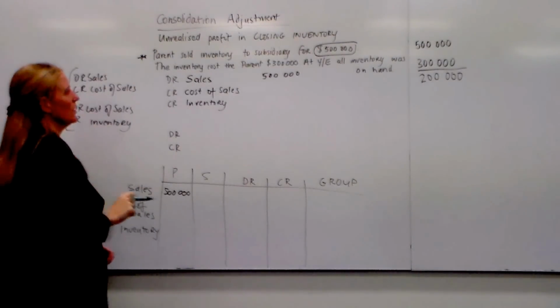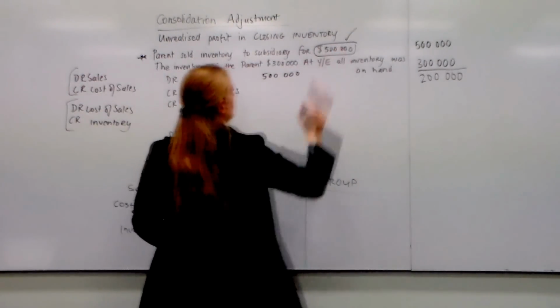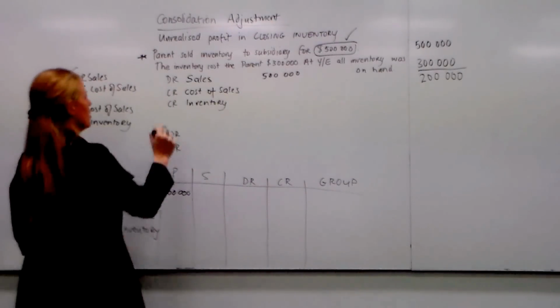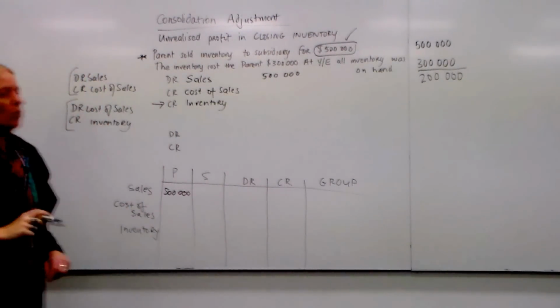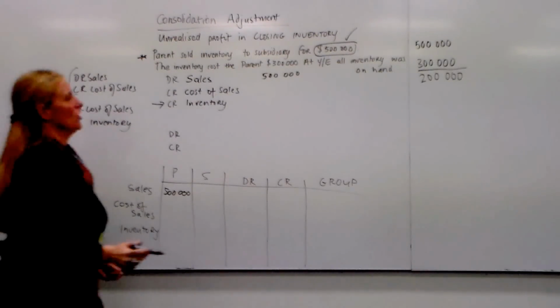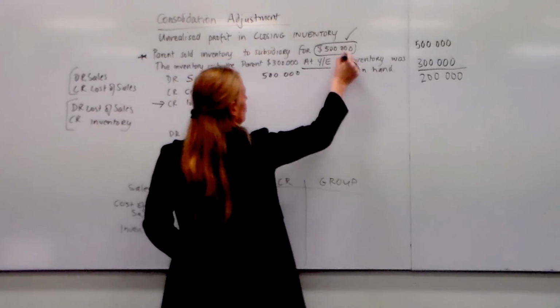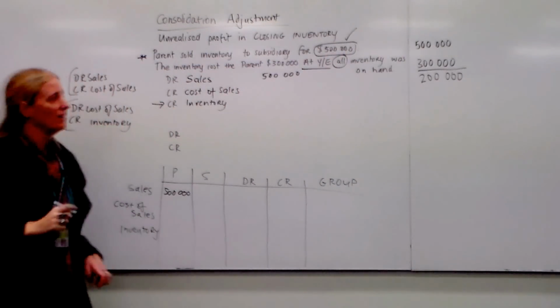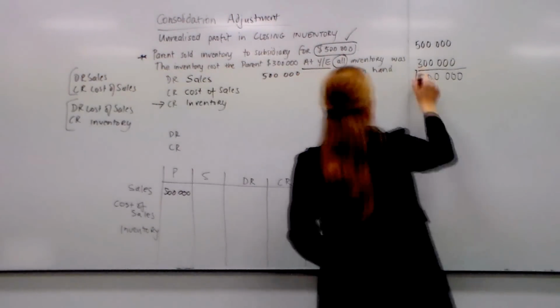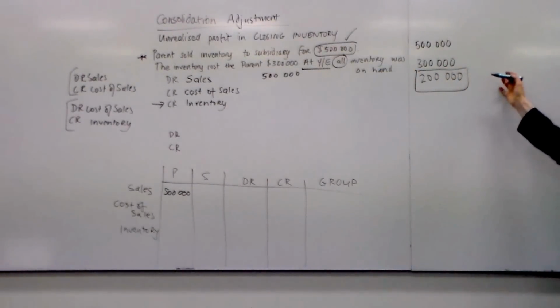The short way of doing it: how much did it sell for? $500,000, debit sales. The next thing that I'd go to would be credit inventory. What's the unrealized profit in closing inventory? Because at year end all inventory was still on hand, we're actually going to have to get rid of the full profit, which is $200,000.